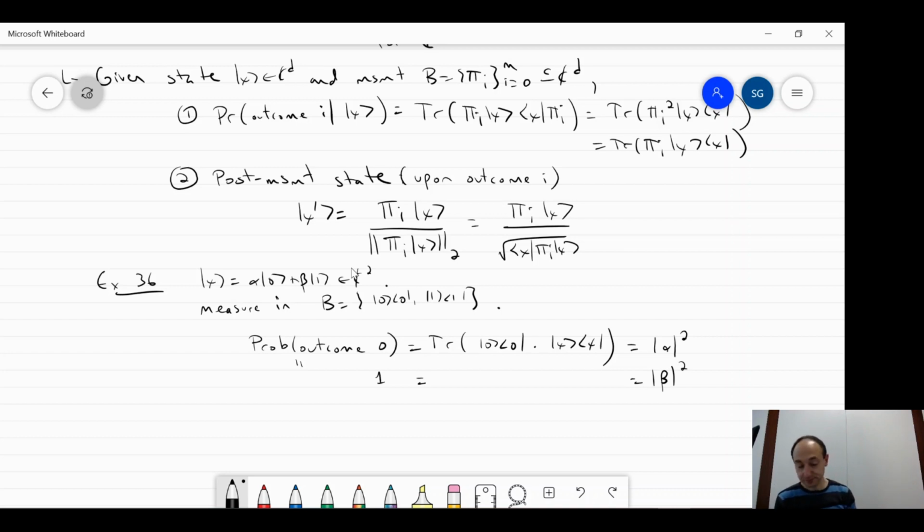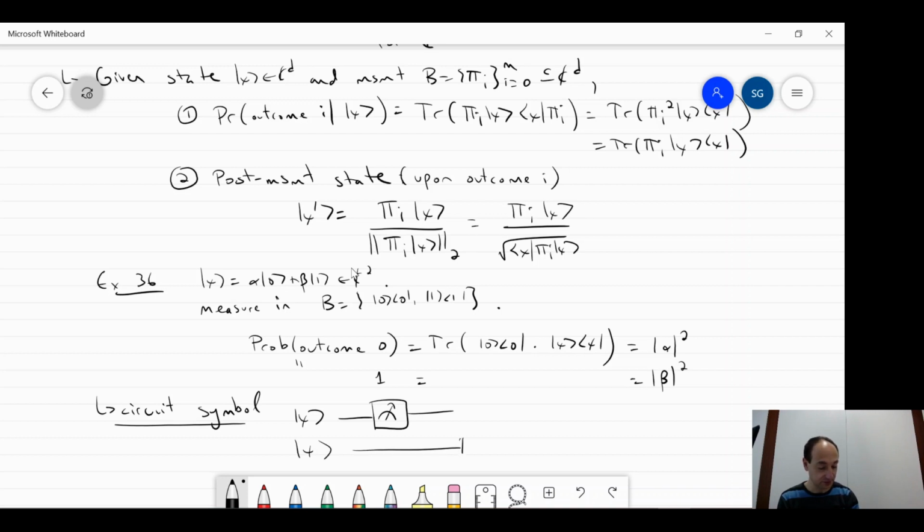Finally, the circuit symbol for measurement is just this thing. Psi goes in, and we use this funny measurement meter, if you like. Sometimes we don't do it that way. Sometimes we also write it this way, we just put this.